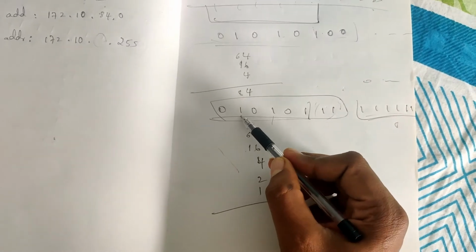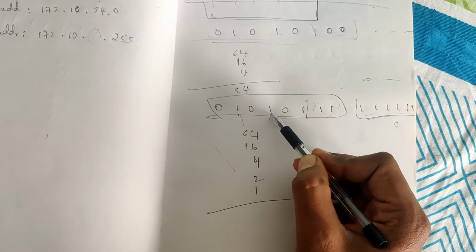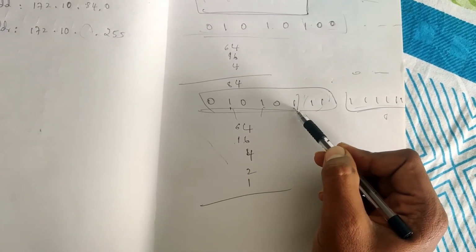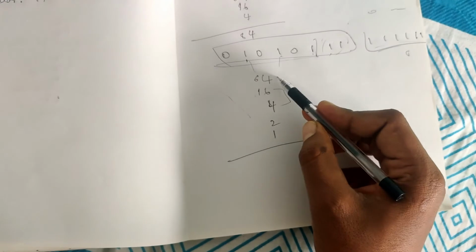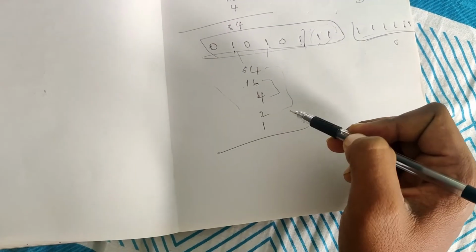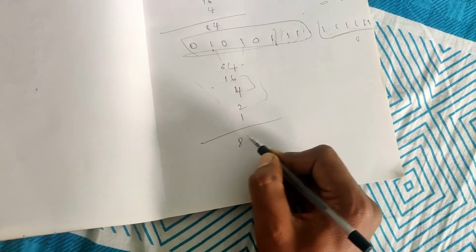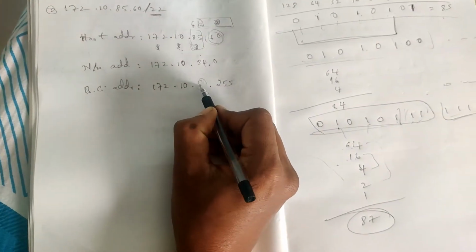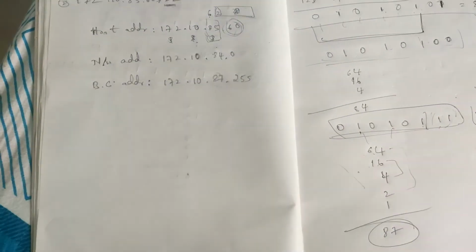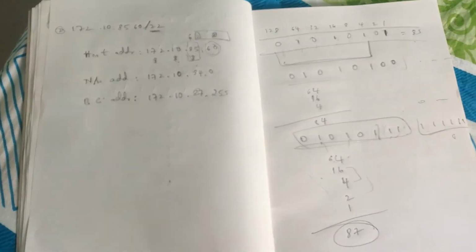Just check it: 64, 16, 4, 2, 1. Yes, it's correct. So 16 plus 4 is 20, 20 plus 67 is 87. So that will become 87.255. That's your broadcast address.